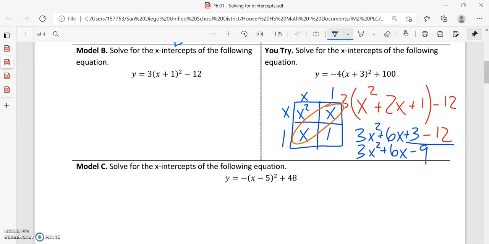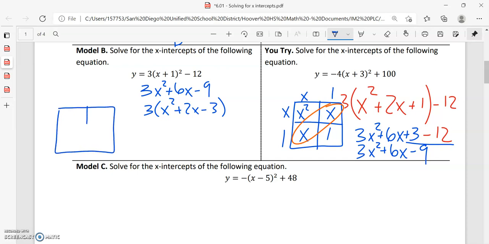We are now going to try and factor that to get our x-intercepts. 3, 6, and 9, we can factor out a 3 out of all those. So 3 times x squared plus 2x minus 3. Now we can factor this. This one's not super hard to factor. We get x squared in the beginning. We get a minus 3 in the backside.